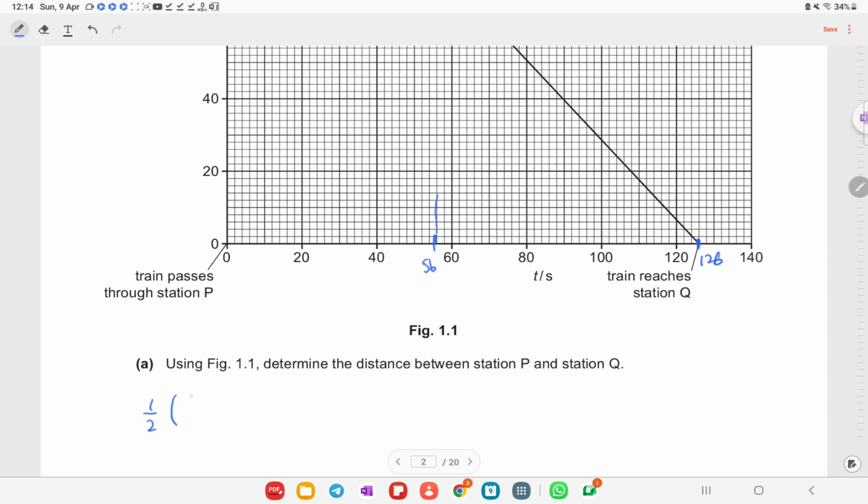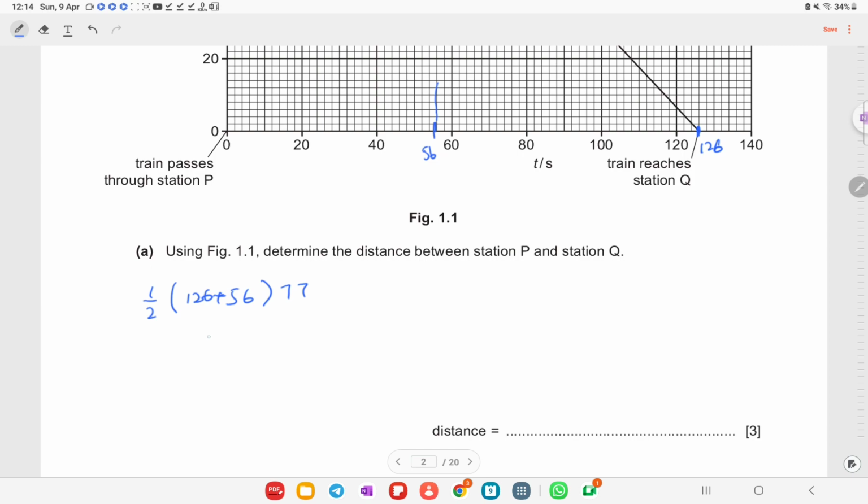So now I'll apply the formula: 126 plus 56 times 77. If you calculate this, your answer is around 7,000 meters, which is around 7 kilometers as well.